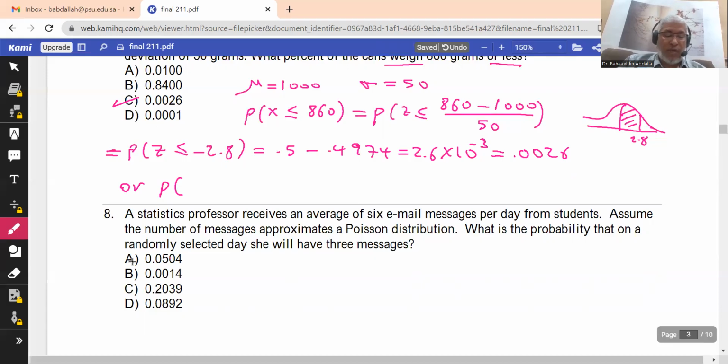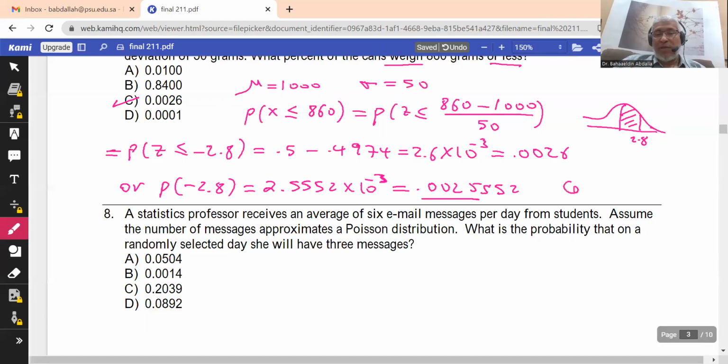This will give you immediately the area to the left of negative 2.8, and the calculator will say 2.5552 times 10 to the power negative 3, which is 0.002552. If you take 4 decimals, this 5 will be approximated to 6. So this is the calculator.